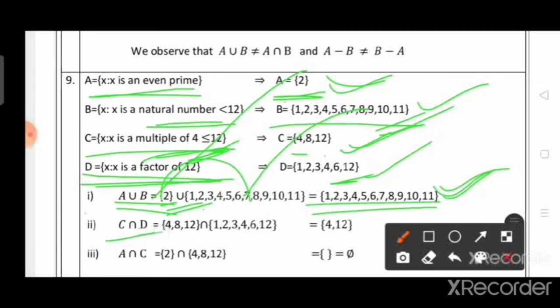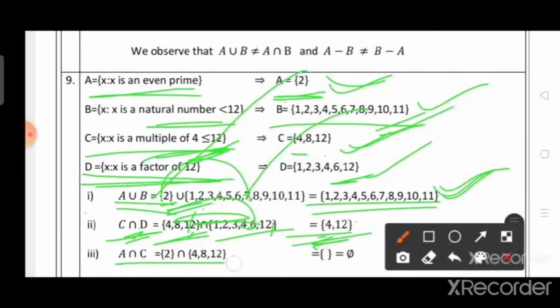And C intersection D. C means 4, 8, 12, and D means 1, 2, 3, 4, 6, 12. 4 and 12 are our answer. Intersection means you have to write the common elements. Here 4 and here also 4, that's why 4 is written, and 12 is also there. Remaining elements are not common, so 4 and 12 are our answer.